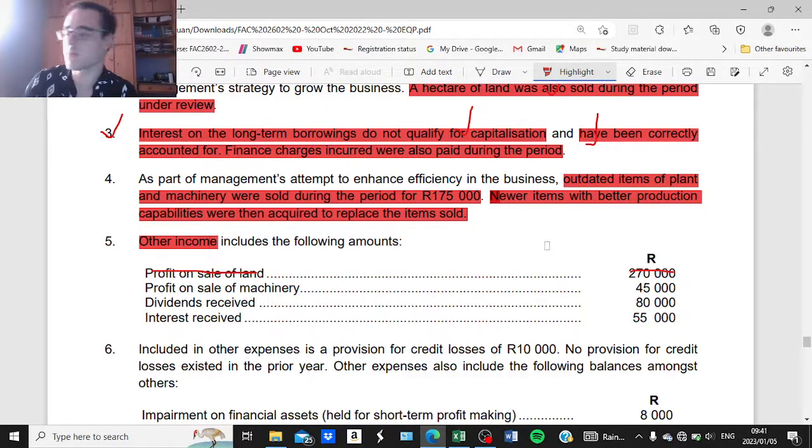The amount that was received was 175,000, so this is the value of the cash flow that occurred in that transaction. This is the amount that we will disclose in the investing activity section as proceeds from the sale of plant and machinery. This amount was calculated after taking the profit on sale into account.